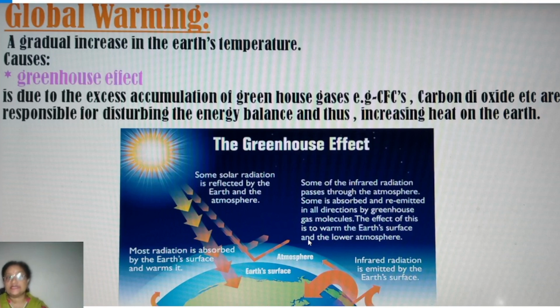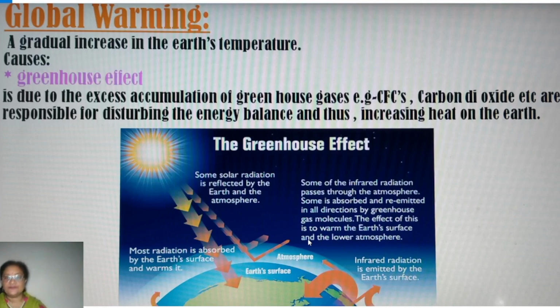Now what was the result of it? During the daytime, sun rays would come, and because the glass is transparent, the sun rays would easily cross it and enter the glass house. But at night time, in the form of terrestrial radiation, the earth releases back its heat.